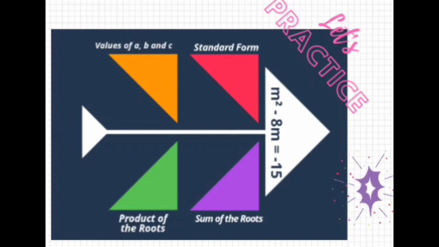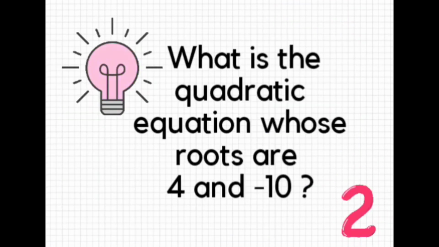So you have to transform the given quadratic equation in standard form, identify the values of a, b, and c, and find the sum and the product of the given quadratic equation. For number 2, determine the quadratic equation whose roots are 4 and negative 10.